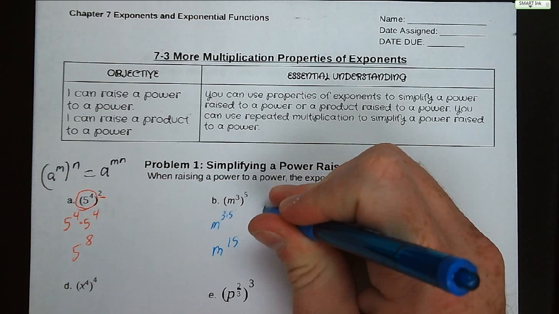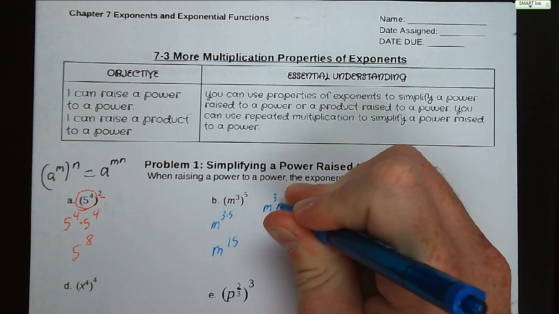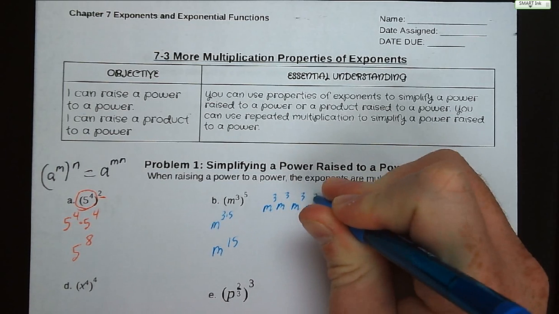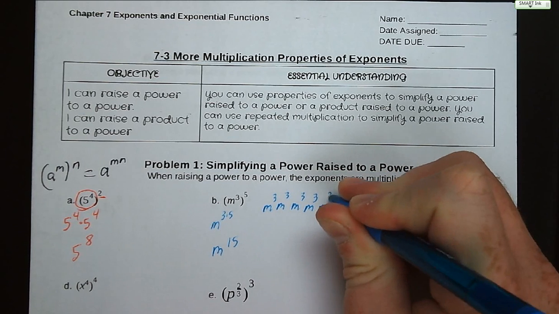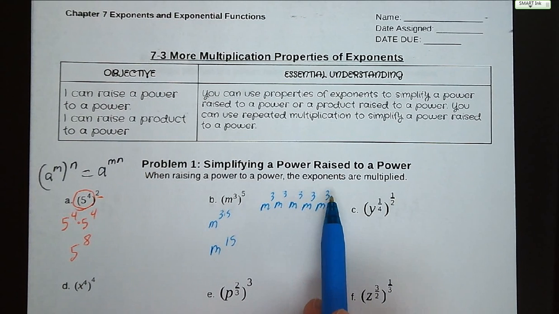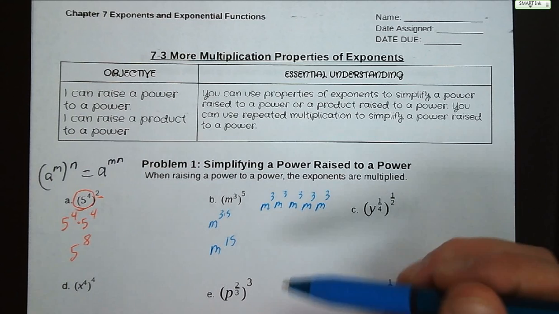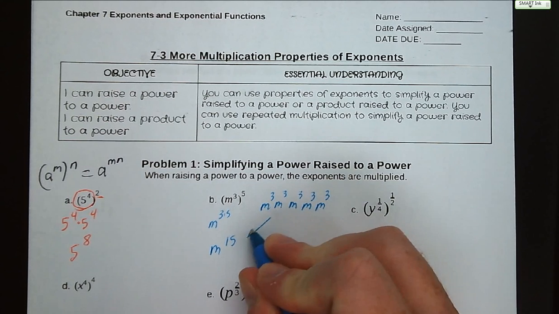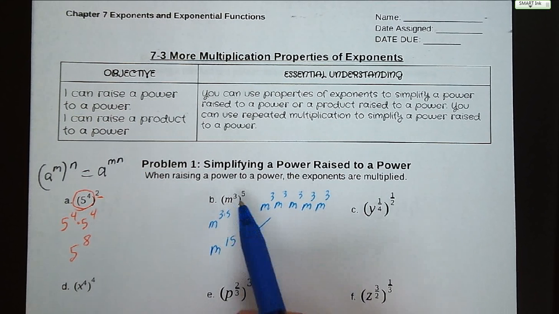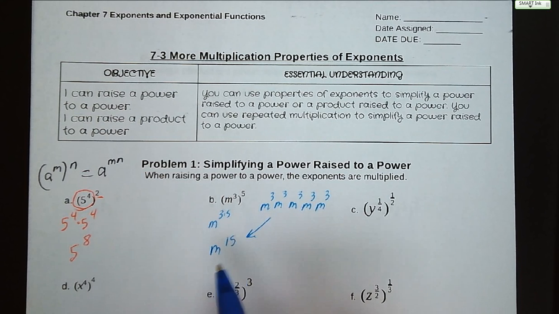You've got m to the 3rd, m to the 3rd, m to the 3rd, m to the 3rd, and m to the 3rd. 3, 6, 9, 12, 15. m to the 15th power. So expanded form is great, although it is time consuming. And when we start dealing with larger exponents, it's much easier to just say 5 times 3 is 15.